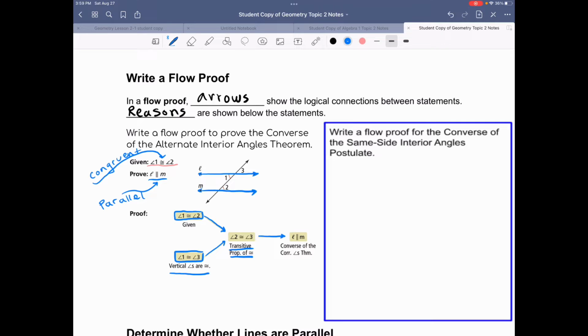All right, so lines L and M are parallel by the converse of the corresponding angles theorem.